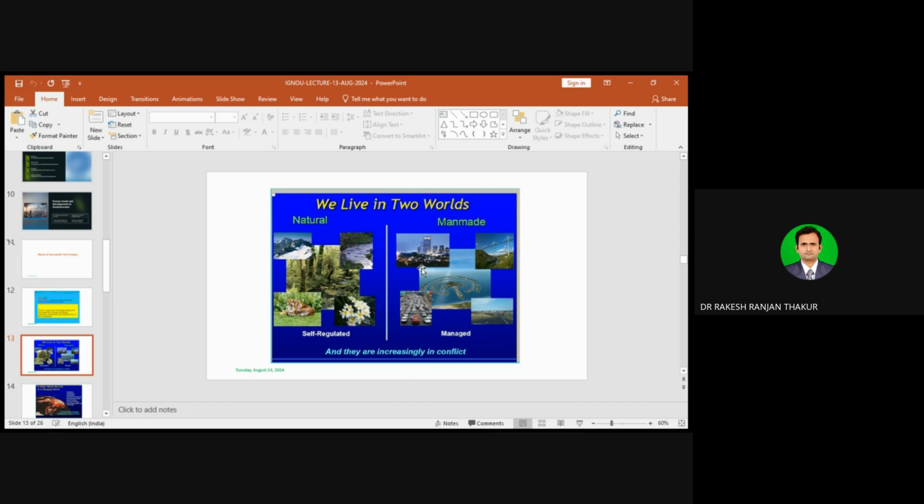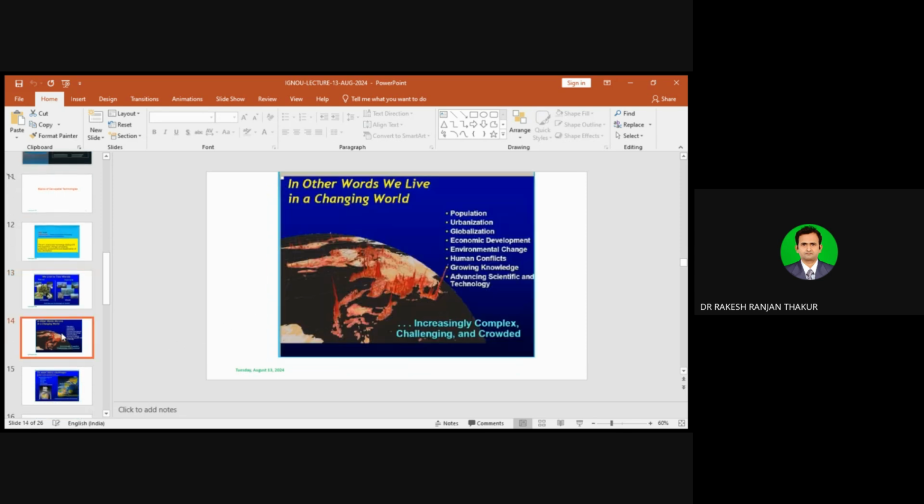ये जो slide है next में, ये देखिए. So we live in a changing world nowadays. Suppose 50 years back, there was a jungle area, a forest cover, but in course of time there is degradation. We are cutting the trees, and deforestation is there.